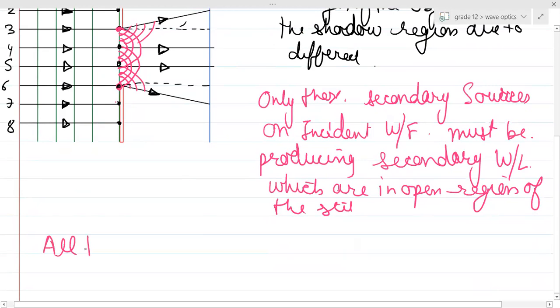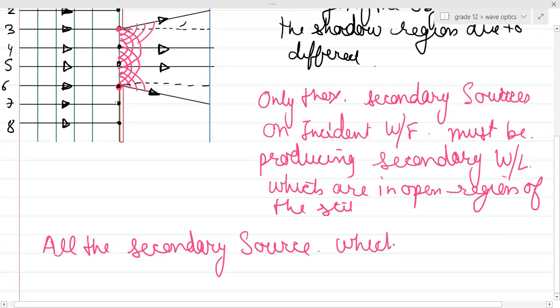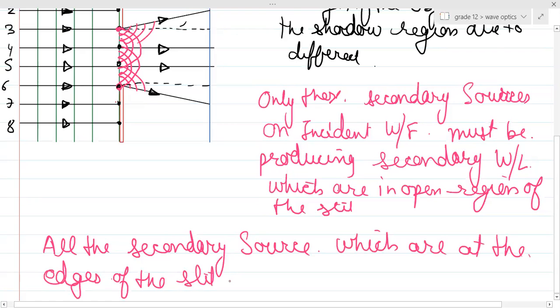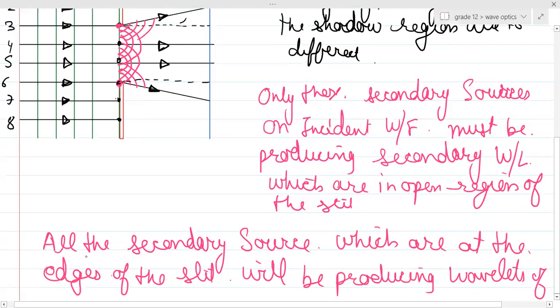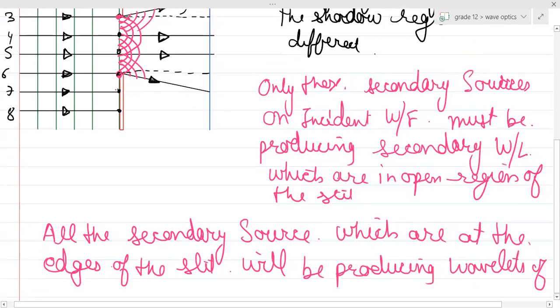So all the secondary sources which are at the edges of the slit will be producing wavelets of comparably less intensity.